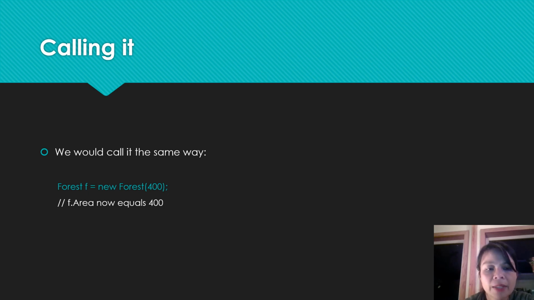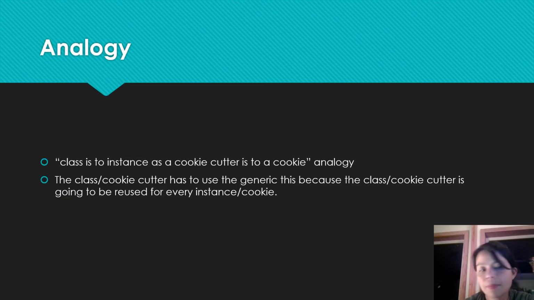So we would call it the same way. Forest f equals new Forest with the value 400 in there. So now the area property of f is equal to 400.